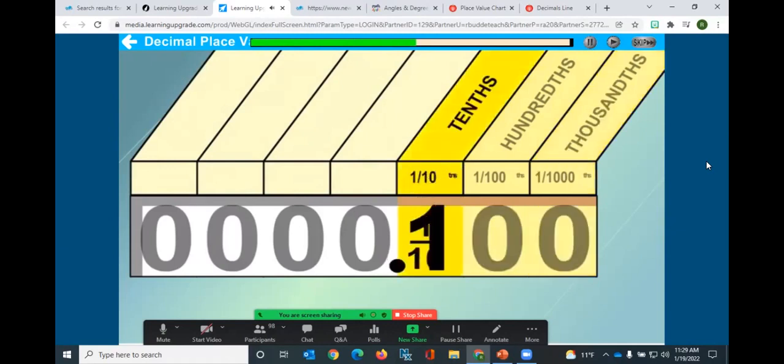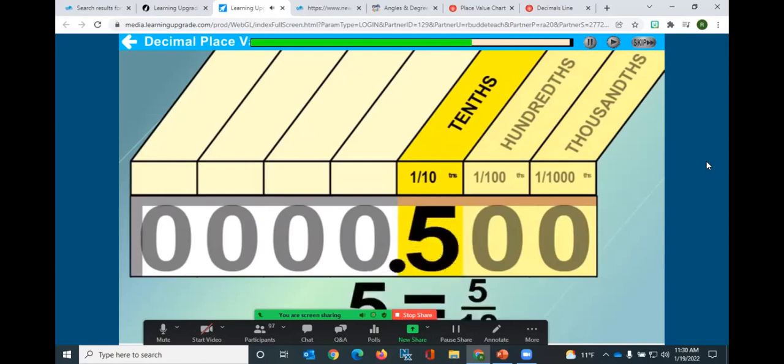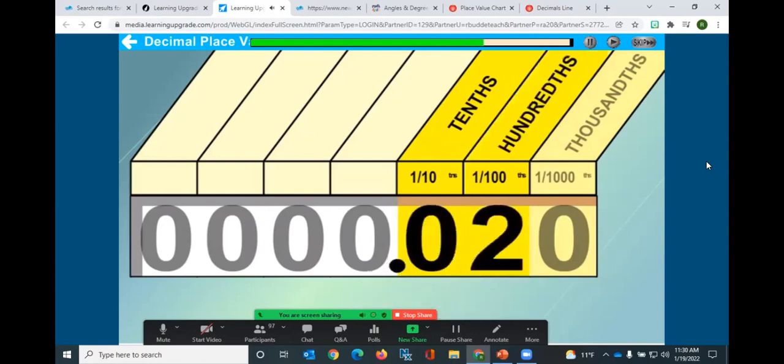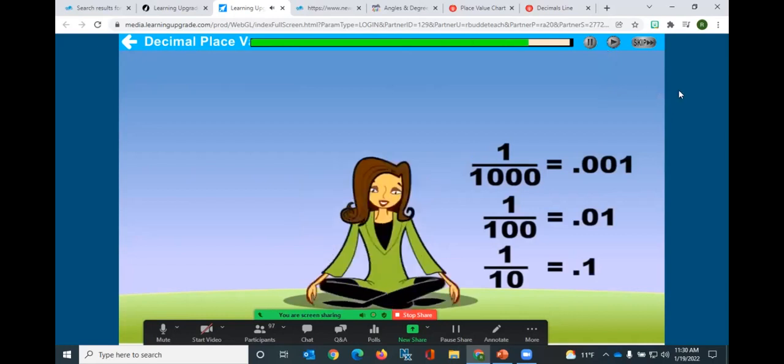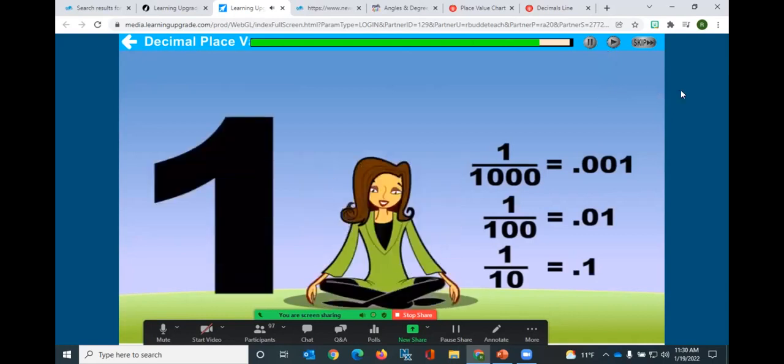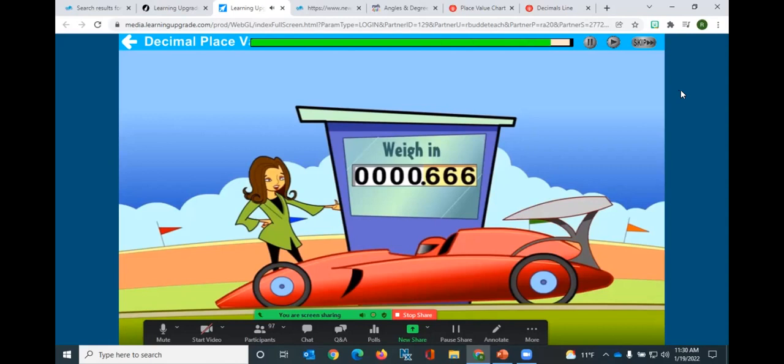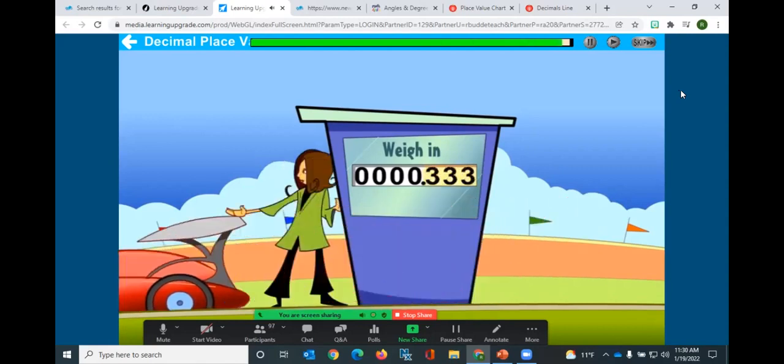The tenths place means this is the amount of 1/10. Thus, the number 0.5 means 5/10, and 0.02 means 2/100. These are very small numbers, much less than 1. Let's go through decimal place value.